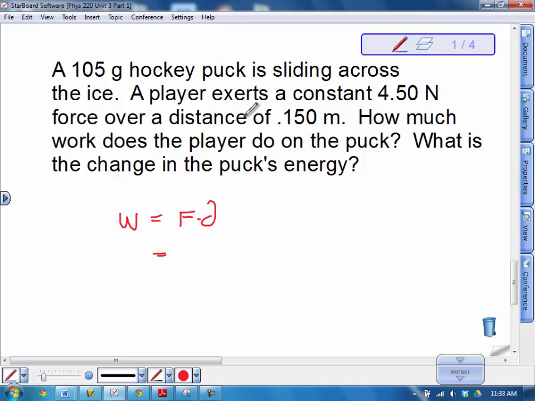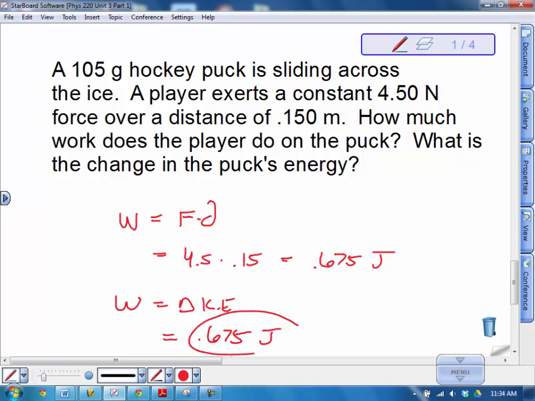Since we're applying the force in the same direction as the distance, we can just do 4.5 newtons times 0.15 meters, and that gives us 0.675 joules. We also know that work is equal to the change in kinetic energy. So the change in the puck's energy is exactly what work was, which is 0.675 joules. So that's the answer to both of those questions.